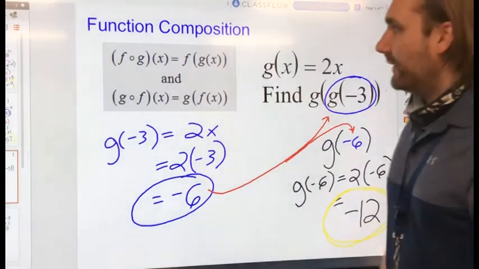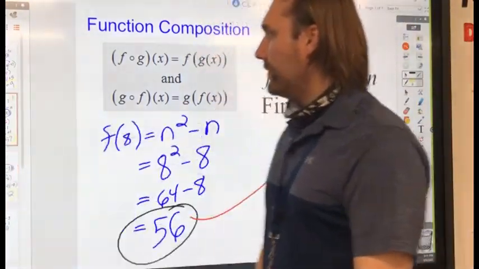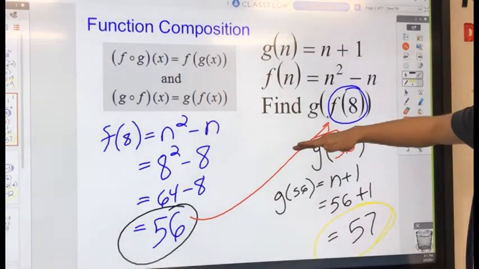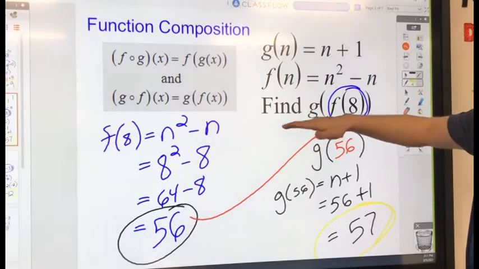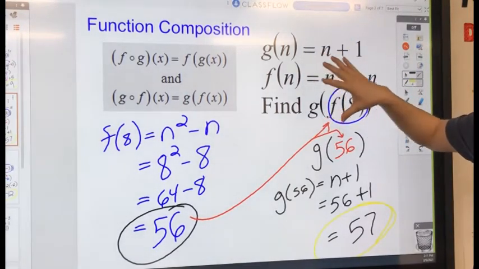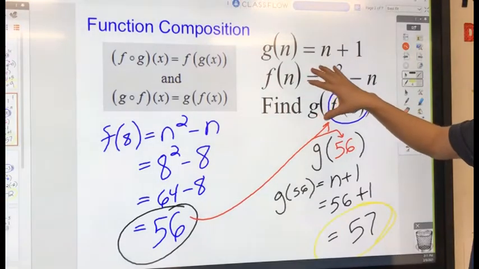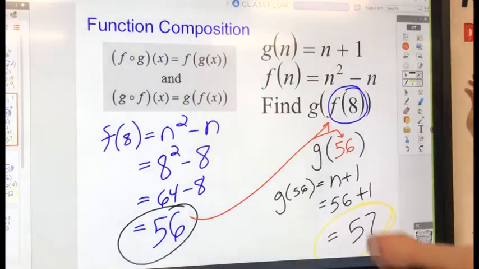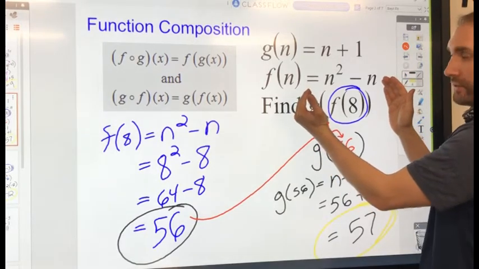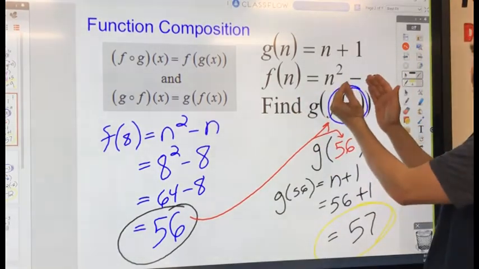I get asked a lot, of course, when would you ever use this math in real life? Well, you would not have ever broken it down like this in your head and used this kind of format, but you do function composition all the time, every day, constantly. Before I do this operation, I need to first calculate this.